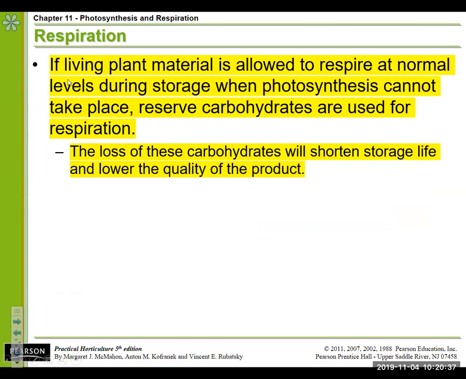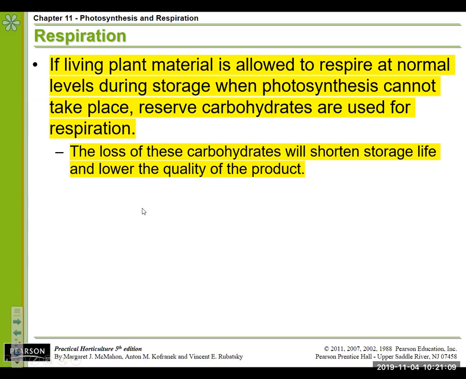If the living plant material is allowed to respire at normal levels when photosynthesis cannot take place, then it reserves them in carbohydrates and uses those for respiration. It's the loss of those carbohydrates, such as in the harvested portion of the plant, that continue to respire, which causes a shortened storage life or shelf life and lowers the quality of products with time.